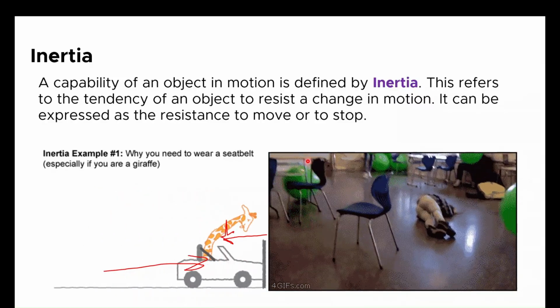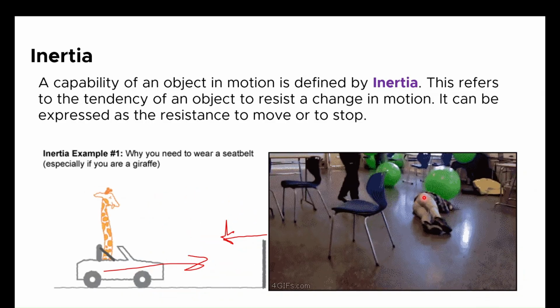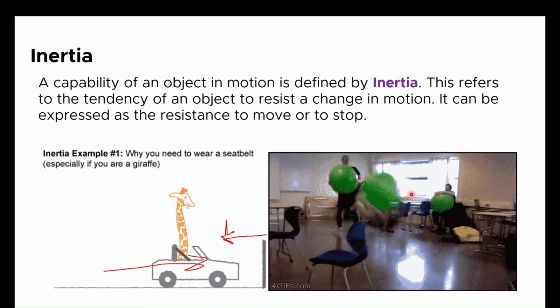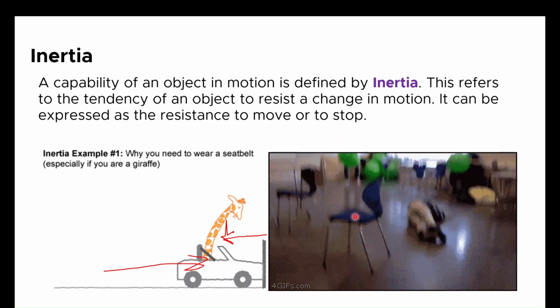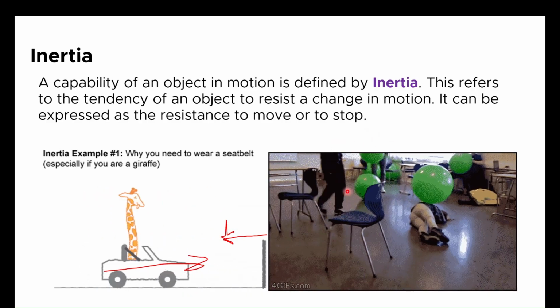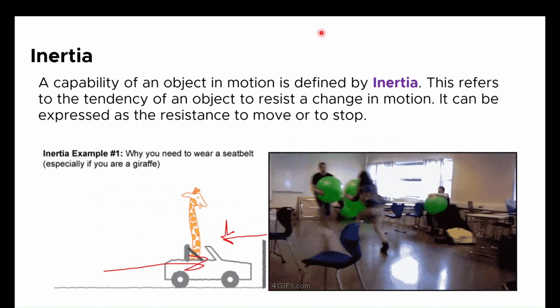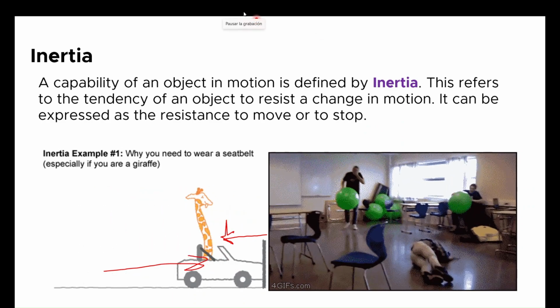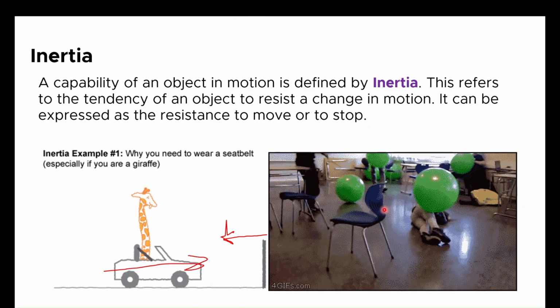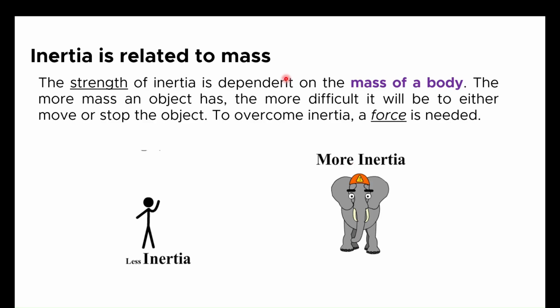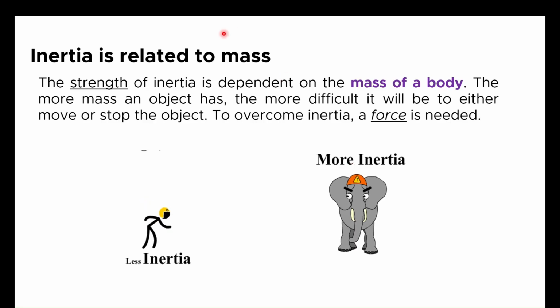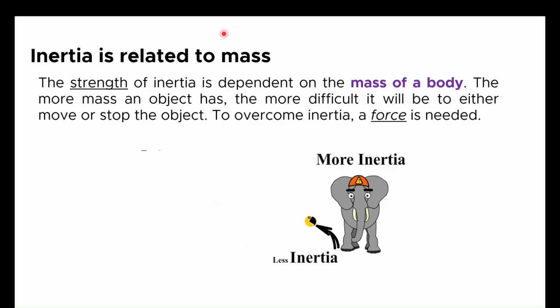It's the same situation in this GIF in which this woman falls down because this force could overcome this other one. Inertia is highly related to mass.